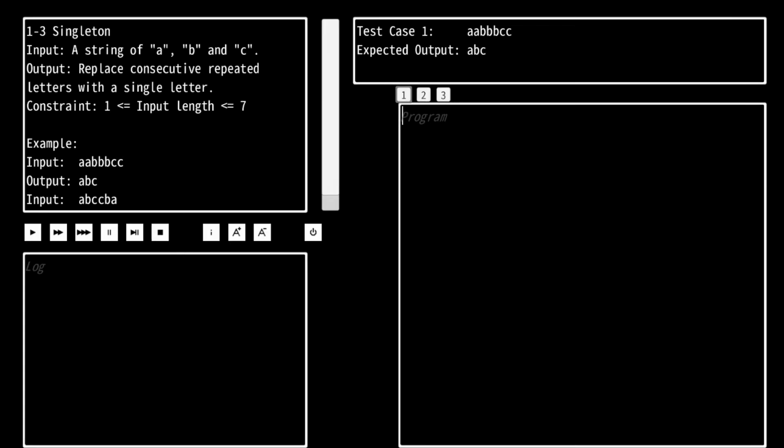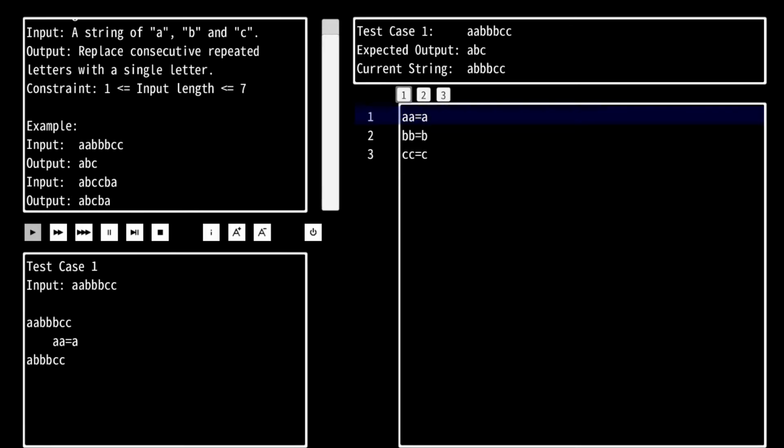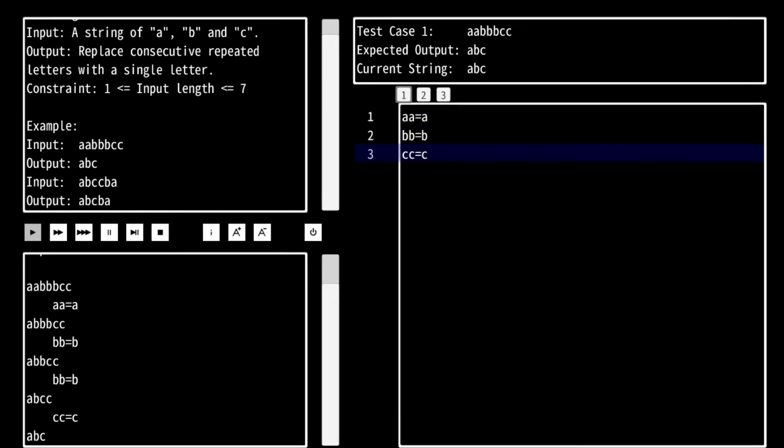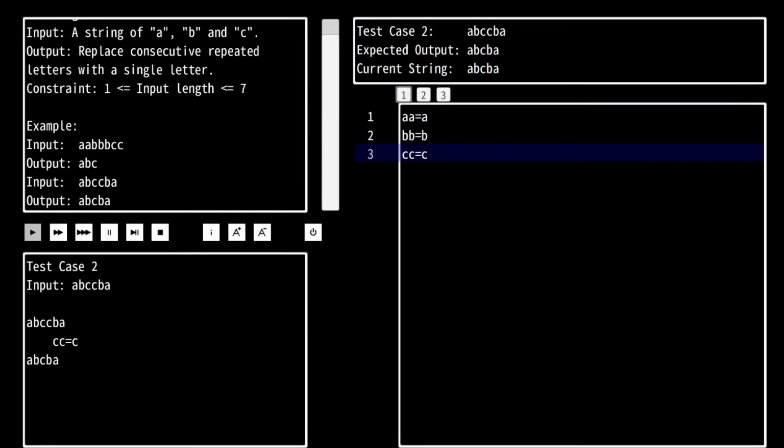Okay, now, I'm assuming the first few of these are going to be really easy, right? Replace consecutive repeated letters with a single letter. So you just get rid of them like that. And then it'll only do it one at a time. But that gets the job done, right? Yeah.